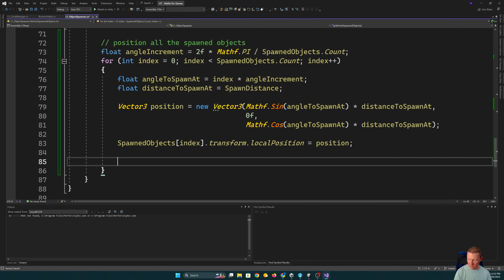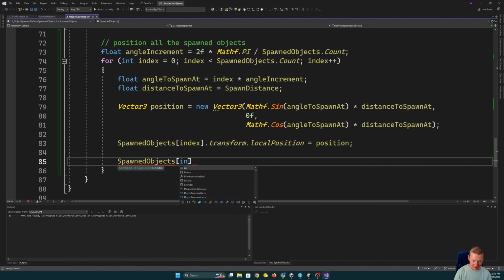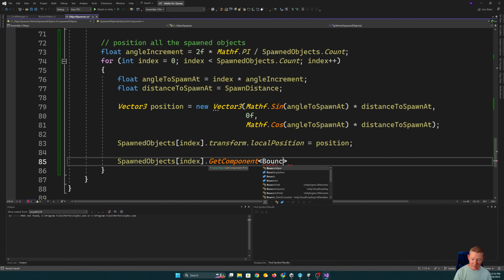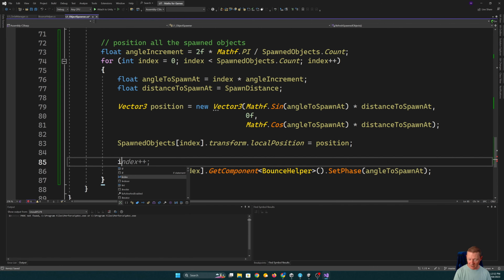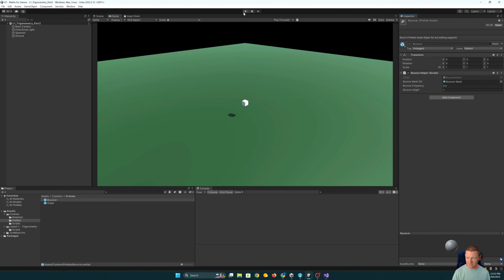So what I will do is I will go spawned objects, index, and I want to get component, and I want to get our bounce helper, and tell it SetPhase, and we just give it the angle to spawn at. But I specifically want to check, okay, was the object list changed? Just because otherwise it gets something where we're doing a get component a lot, which is not ideal.